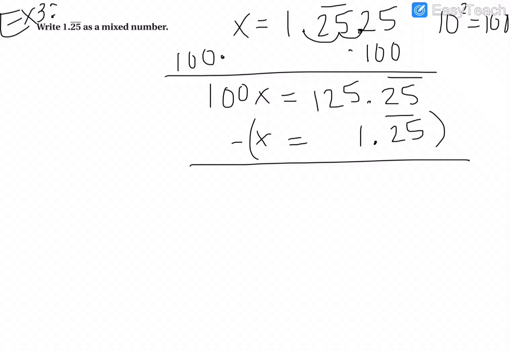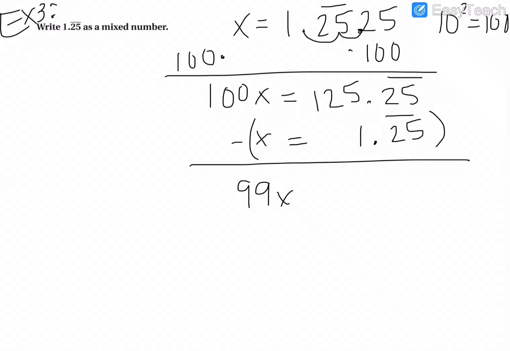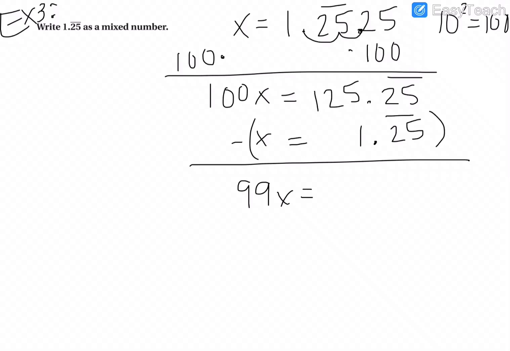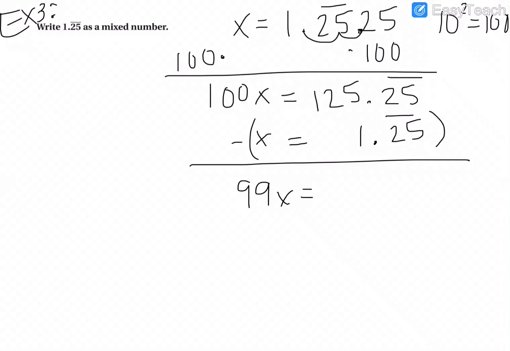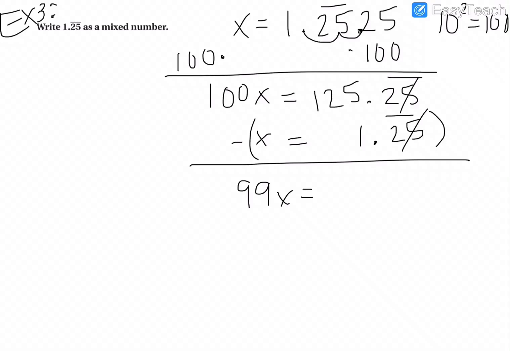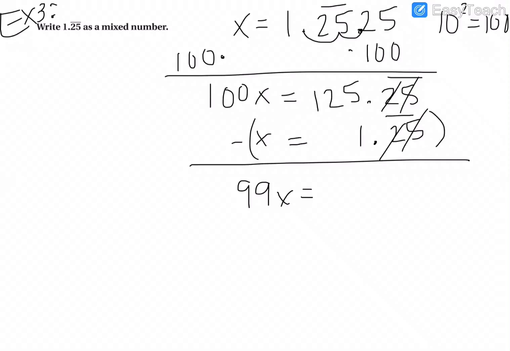So 100 minus x is going to give me 99x. And then 25.25 minus 0.25. I'm saying this wrong on purpose so that you're noticing where the decimal points are. 5 minus 5 is going to give me nothing. 2 minus 2 is going to give me nothing. And then I'm going straight down.